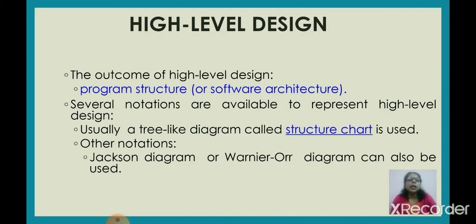Other design methodologies can be used, like Jackson diagram or Warnier-Orr diagram, to represent the relationship among different modules. Means in high level design the engineer designs the modules and the relationships among the modules.